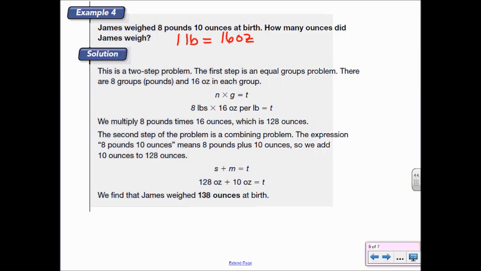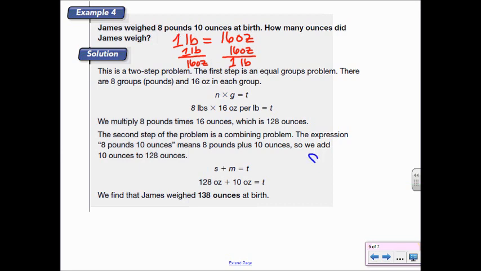So we can have the fraction 1 pound per 16 ounces, or we can have 16 ounces per 1 pound. Now we're going to look, and I need to convert 8 pounds. So I'm going to do that up to the right here.